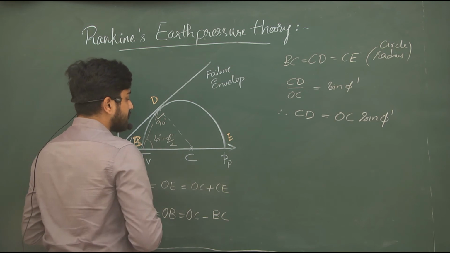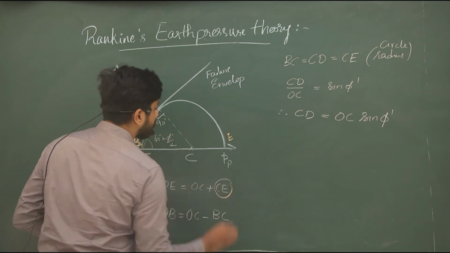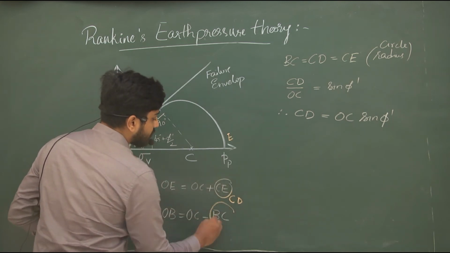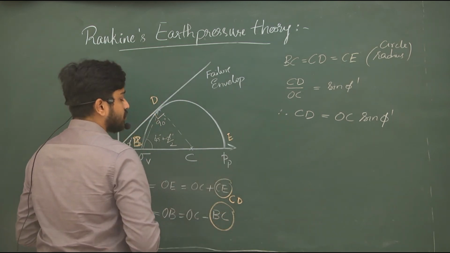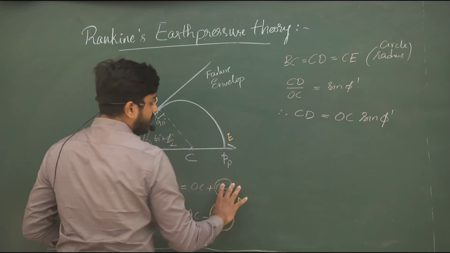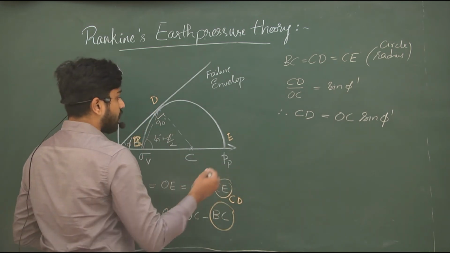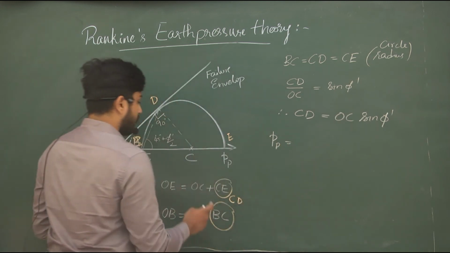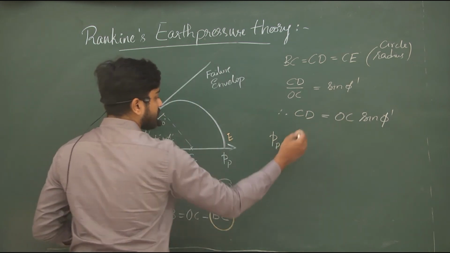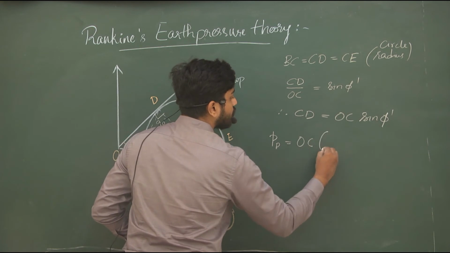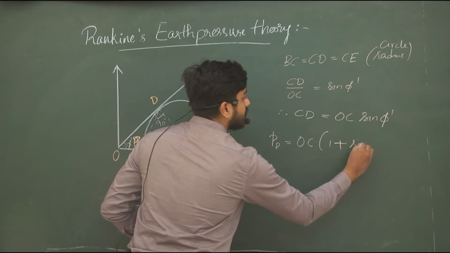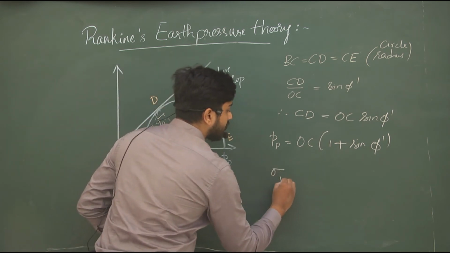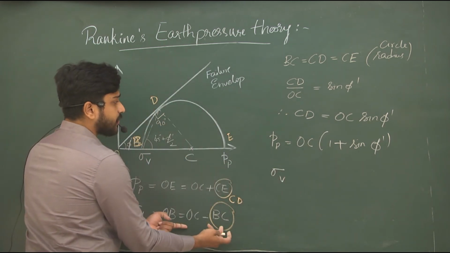So since CE is now the same as CD, as well as BC is the same as CD, let us substitute OC sin phi dash in this particular expression, and we may obtain that PP will be equal to OC plus OC sin phi dash, so OC into 1 plus sin phi dash, and sigma V will be OC minus BC.